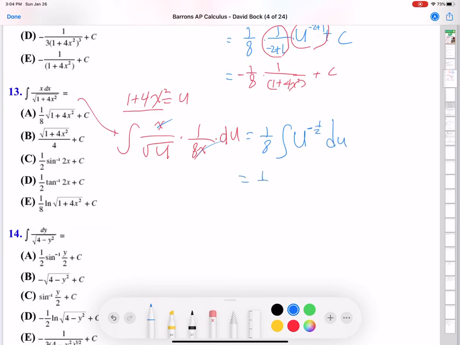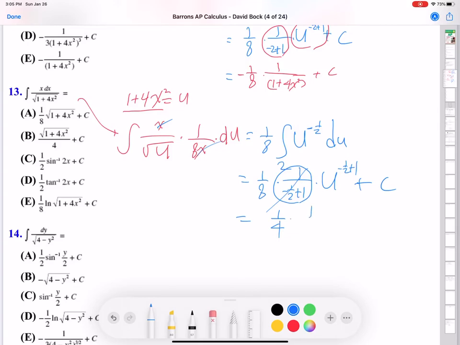So now use the power rule, 1 over n plus 1, which is negative 1/2 plus 1, times u to the negative 1/2 plus 1, plus c. So what about this part? 1 over 1/2. That's a 2. That part is 2. 2 over 8, 1 over 4. And then u to the negative 1/2 power.